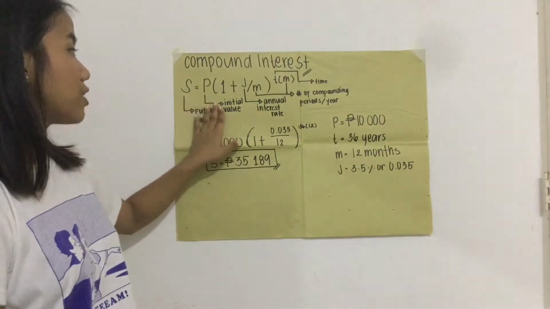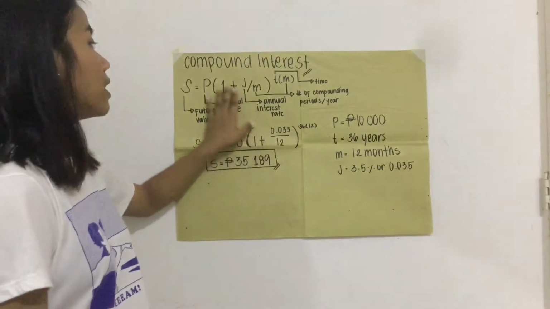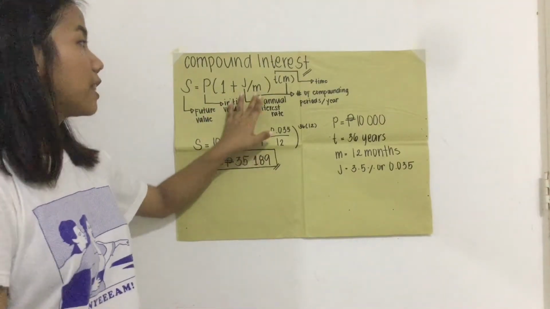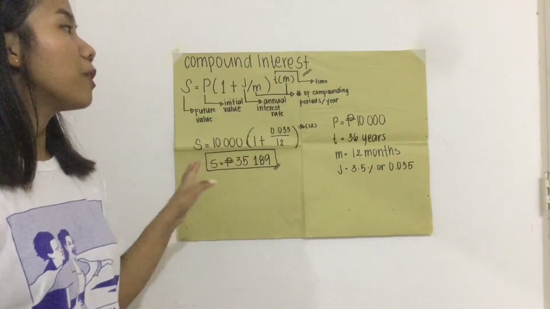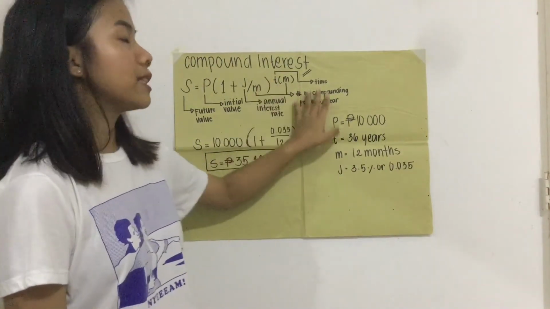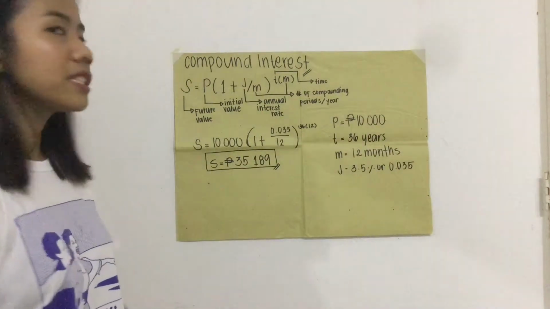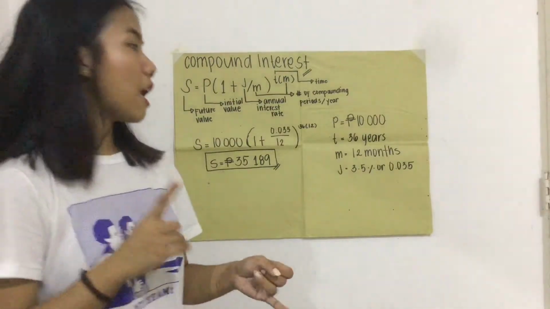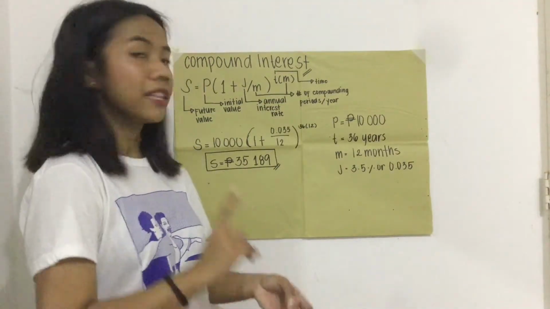Our P stands for initial value. Our J stands for annual interest rate, our M stands for number of compounding periods per year, and T stands for time. First, let us identify our P, our T, our M, and our J.